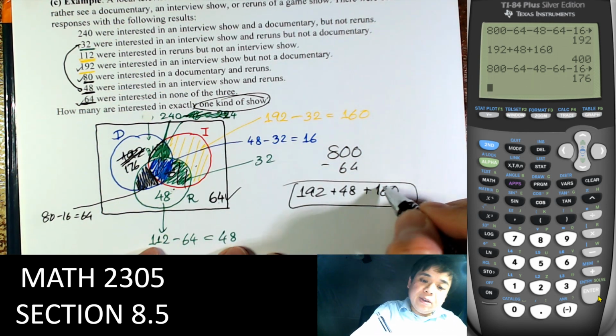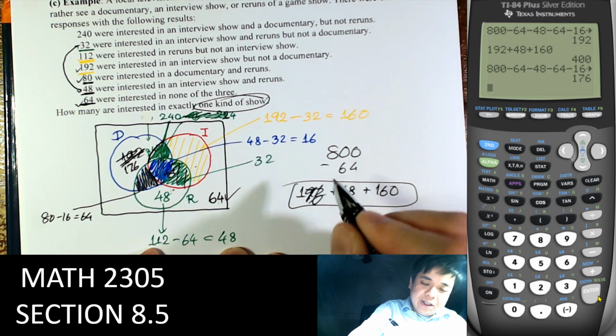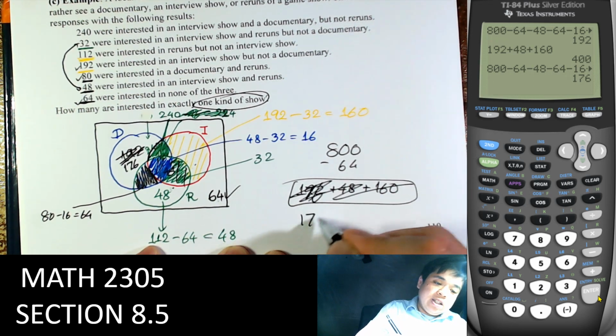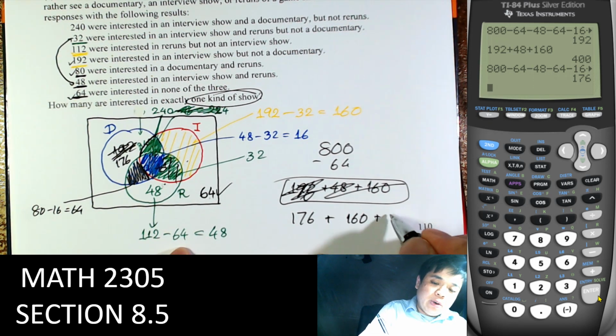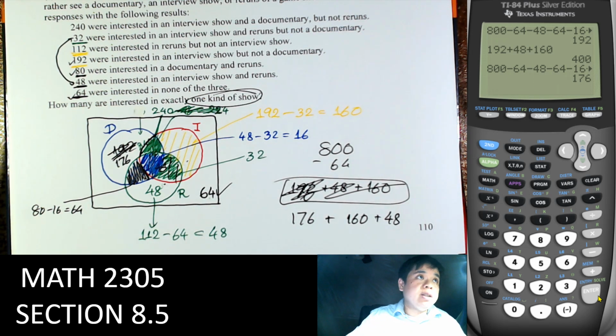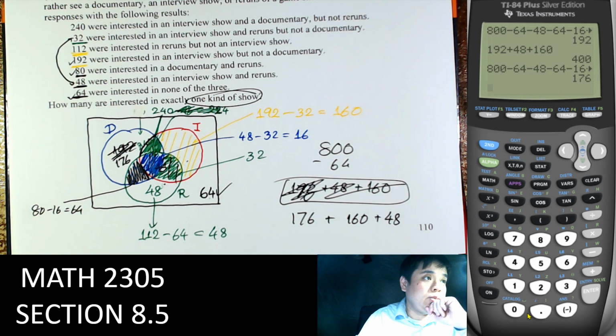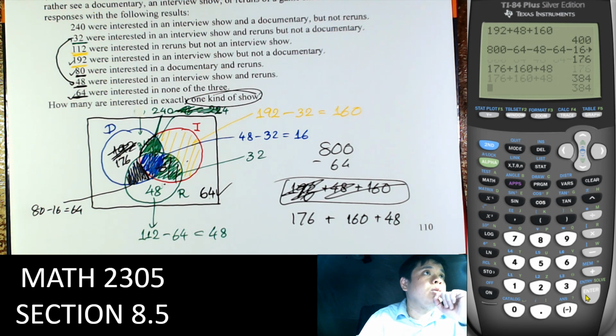And so we have 176 that only like documentary, 160 only like interviews, and 48 only like rerun. So 384.